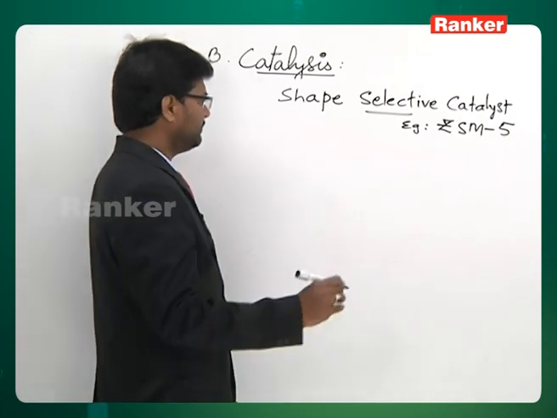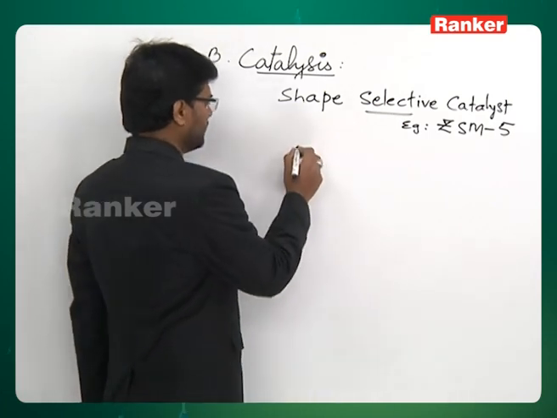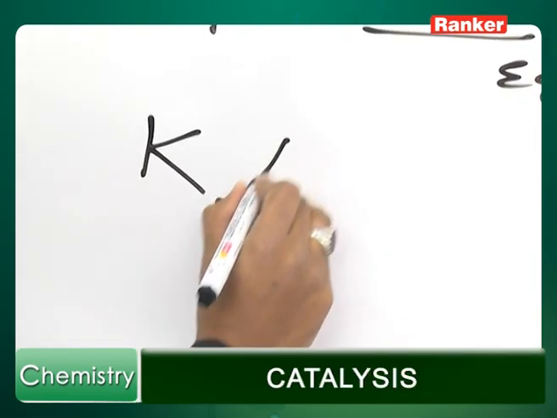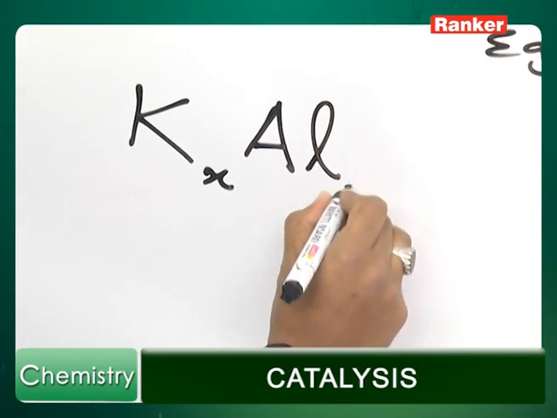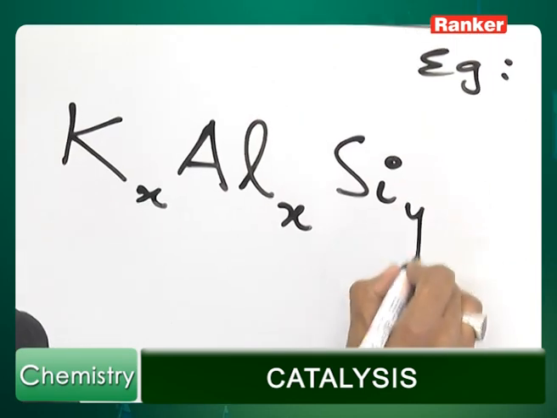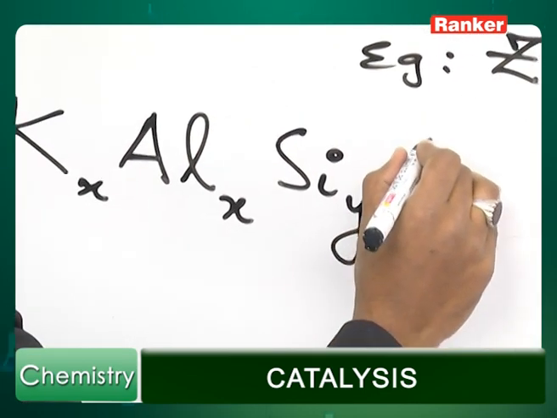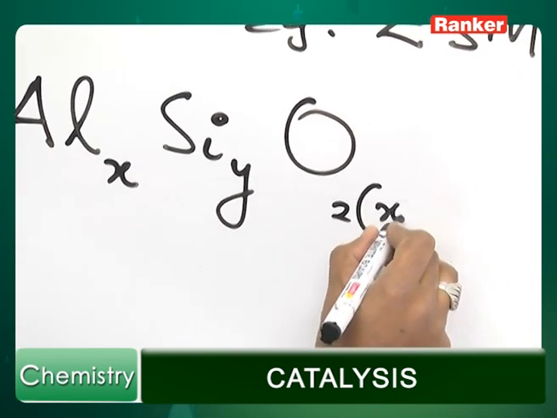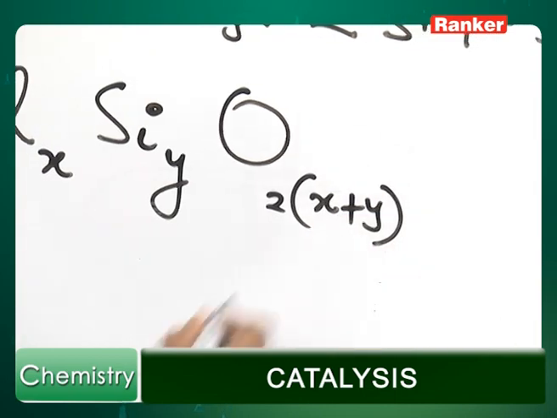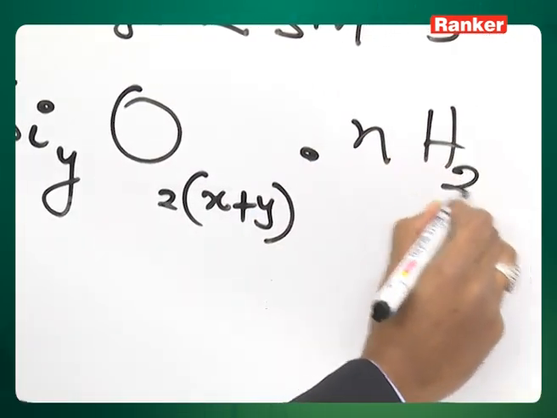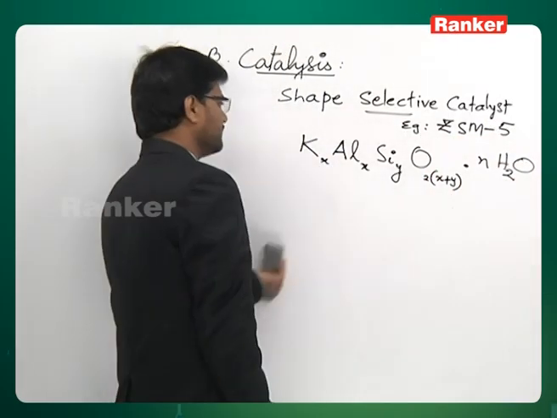It will have a formula of this type: KxAlxSiyO2(x+y), and some n number of water molecules of crystallization.